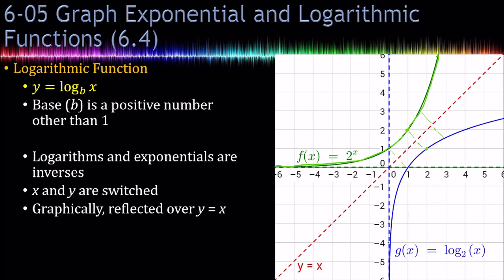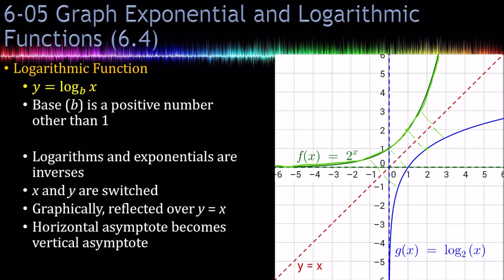All the points have switched their x and y values. So the horizontal asymptote, this one, of the exponential function becomes a vertical asymptote right here for the logarithm.